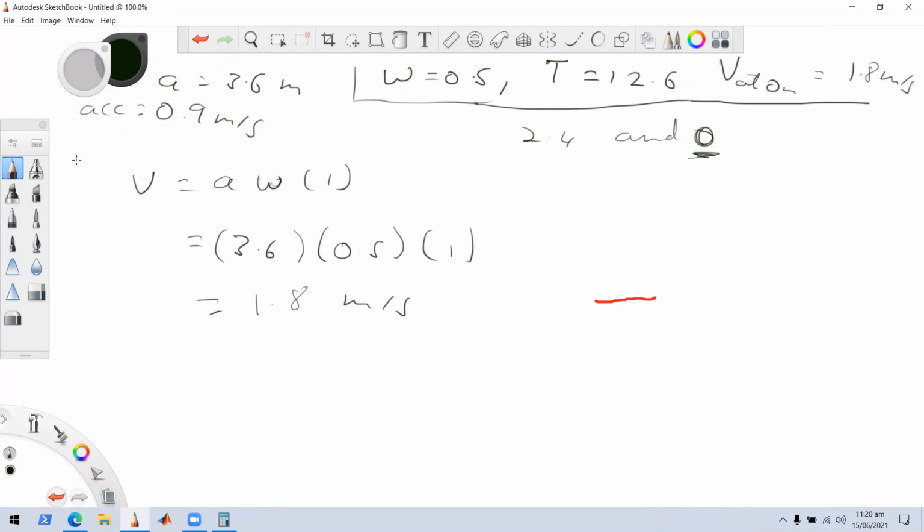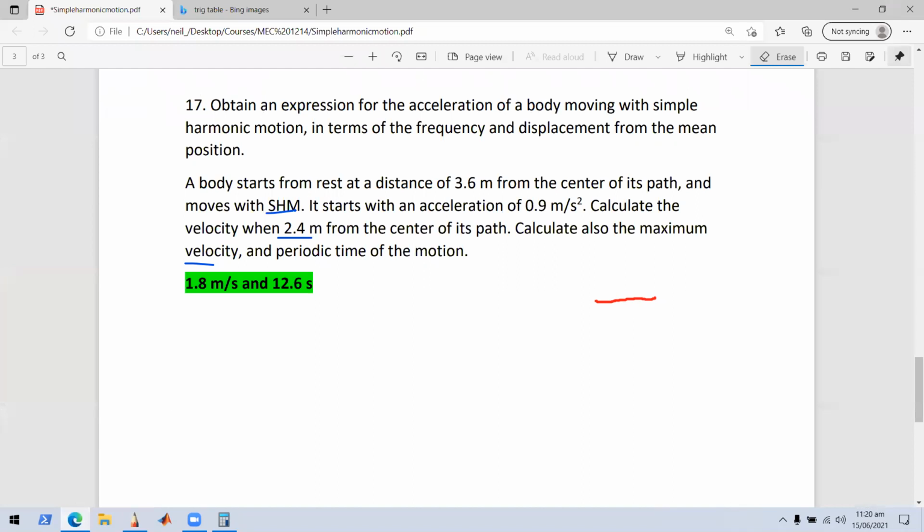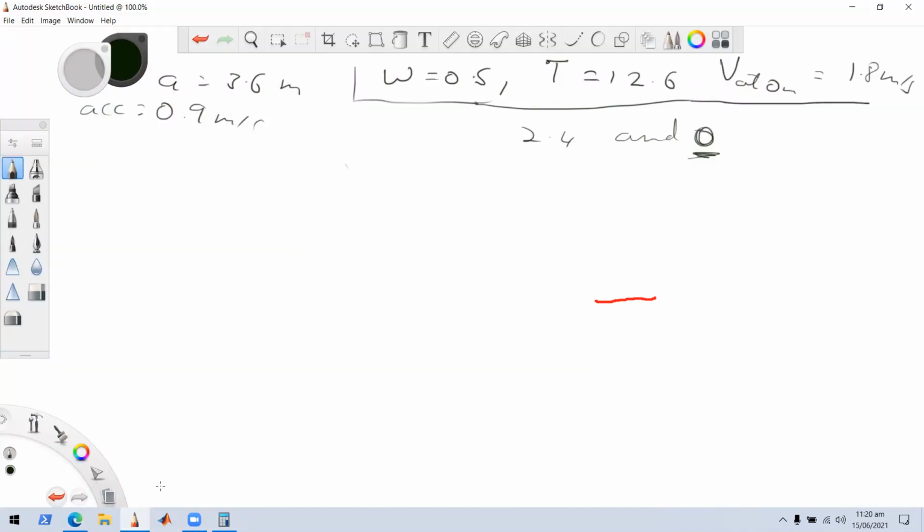All right, good. Now for the other one, which is 2.4, let me just verify that's the number we're looking for. The distance is 2.4, so x is equal to A sine omega t. A is 3.6 and x is 2.4.